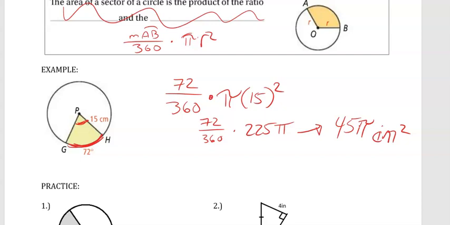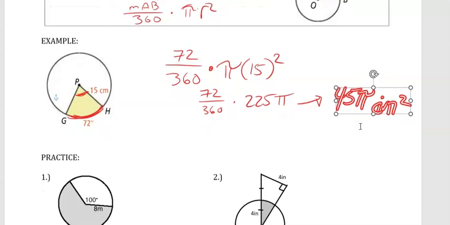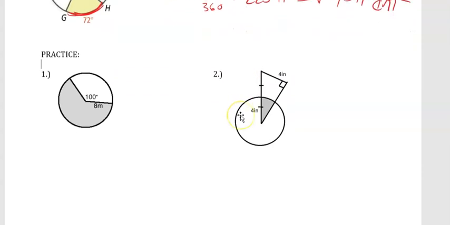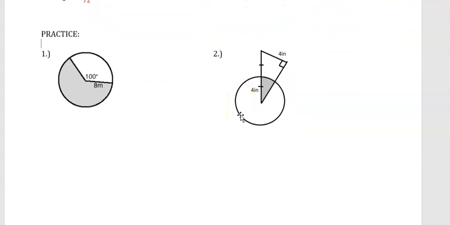Anybody have any questions on that? Let's go ahead and do the next one. On this one right here, can someone help me? What am I going to write down here? 260 over 360, because that's what's left over here, times pi times r squared, which is 64.